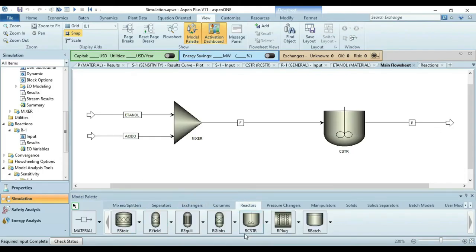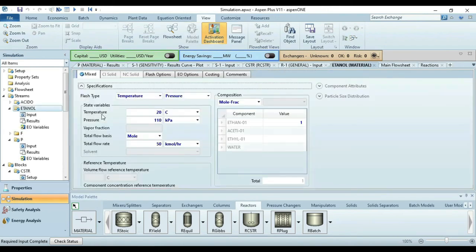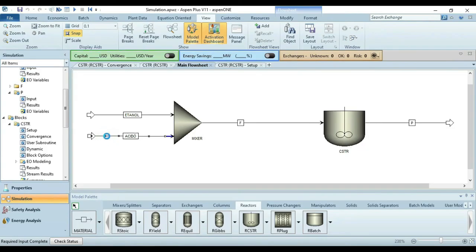Okay, so let's build this flowsheet and go next to insert the input parameters. Here we have the mixer, here we have the CSTR model, and let's configure next our streams and our reactor. For ethanol, let's enter a temperature of 20 Celsius degrees, 110 kilopascal, and a molar flow rate, which we can find here, considering pure ethanol in this stream, equal to 50 kmol per hour.